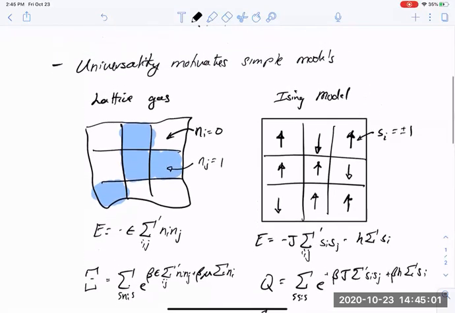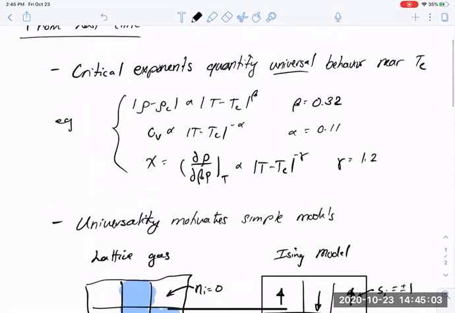But before I go there, I want to draw the distinction between that exact equivalence of the Ising model and lattice gas and the approximate equivalence inherent in the notion of universality, which says that systems act in certain properties the same way.